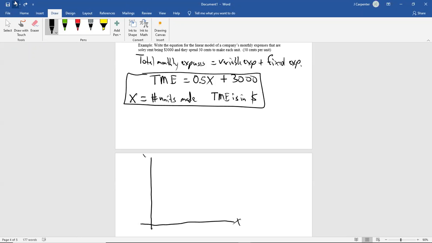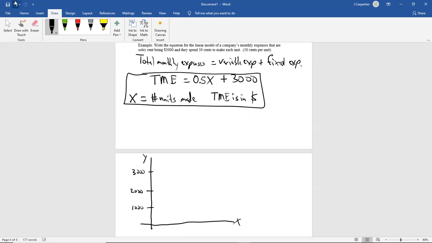So $3,000 is how much that first unit costs. And I'm going to decide to put 3,000 about here, which would make 2,000 about here and then 1,000 about here. See, I'm not scaling by 1 here, I'm scaling by thousands on the y-axis.